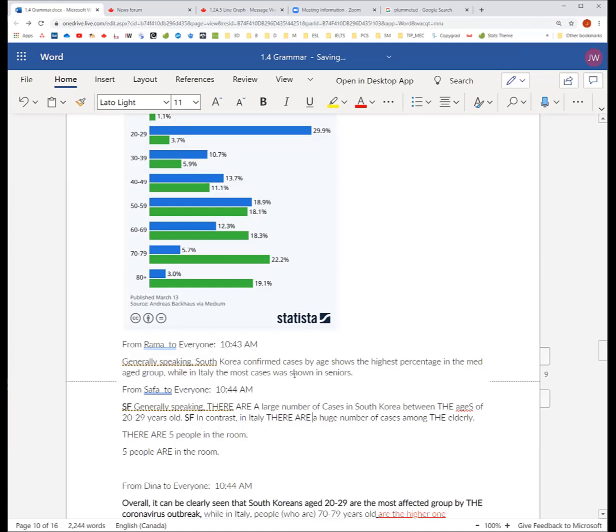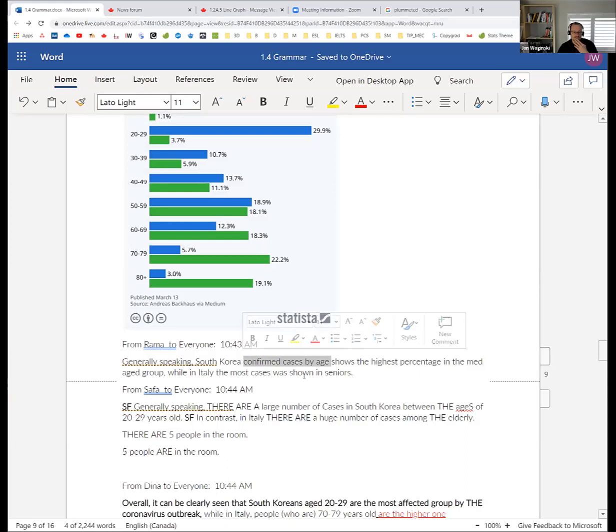Now turning to Rama. South Korea confirmed cases by age. Could we just get rid of this? Or can we move it?